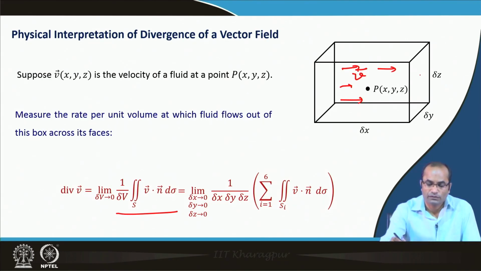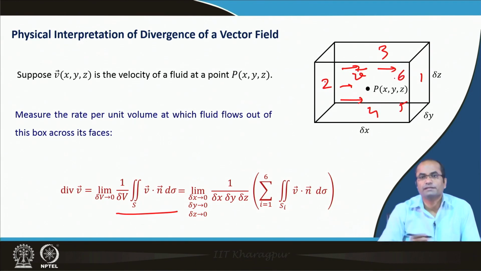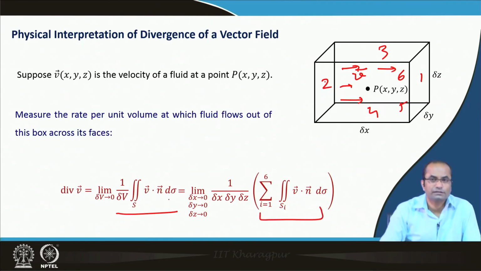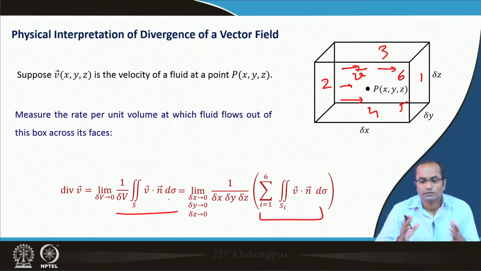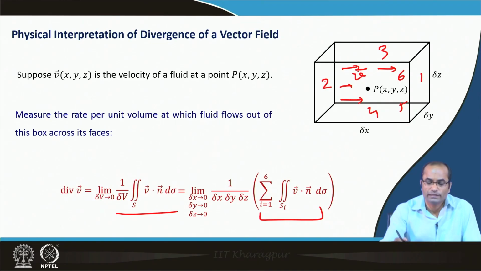So, we have this face 1, 2, and then 3, 4, and then there are 2 more faces, 5 and 6. So, there are 6 faces which this geometry has. We will compute this surface integral over these 6 faces, because this is the surface around this point P, occupying some volume delta x, delta y, delta z around this point P.